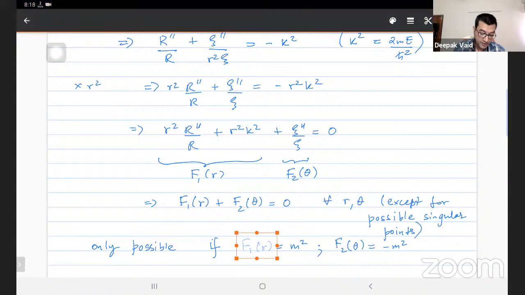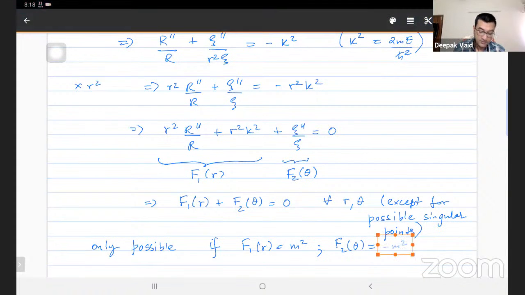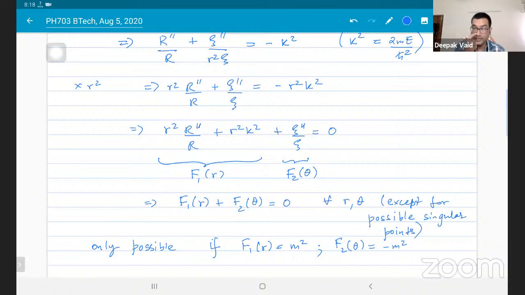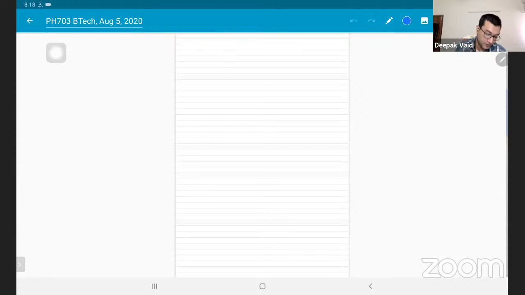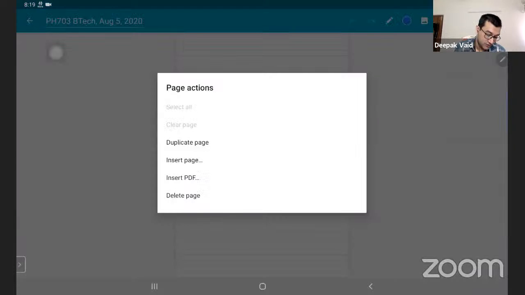So whatever f1 of r is, it has to be equal to minus f2 of theta, right? And so that is basically the point of doing this. I'm writing this as m squared. I can write it as some constant a and minus a, or minus a and a. But later on, when I solve the problem, I will see that I will have to come back to this. So that's why I'm choosing this, because I know beforehand what the solution should look like.